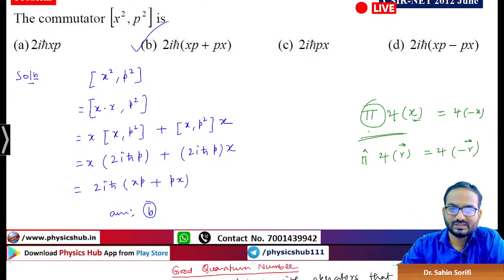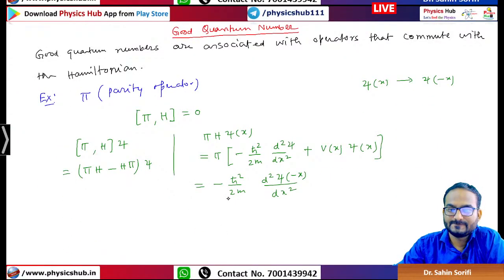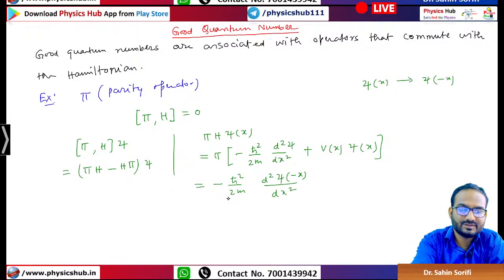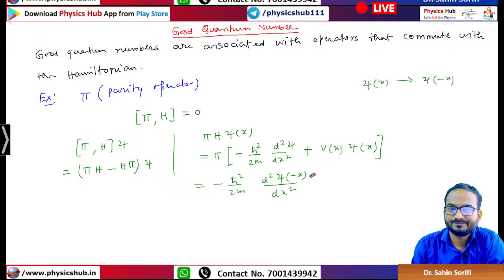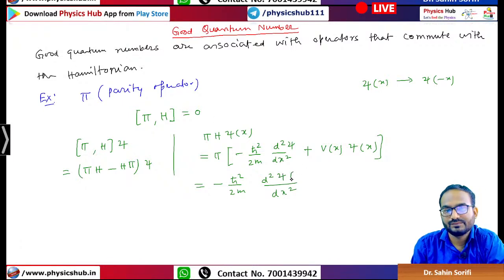Okay, that was correct. Made a little mistake here. This will be ψ(−x).